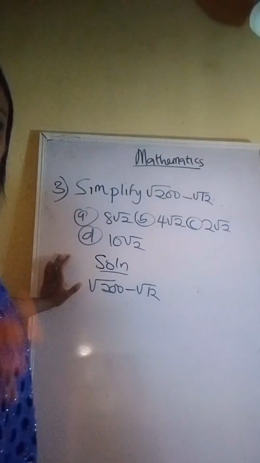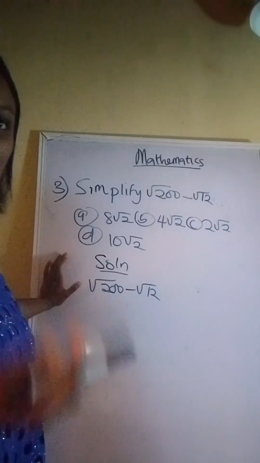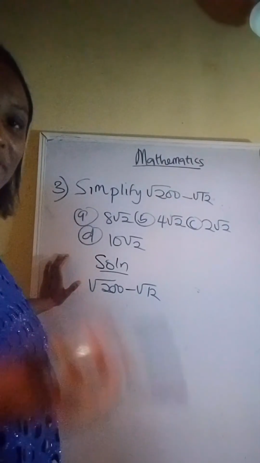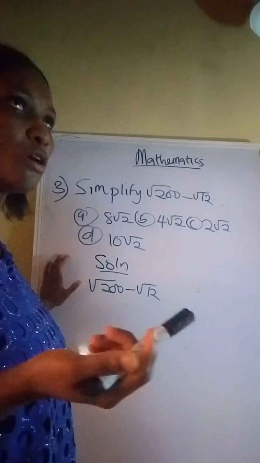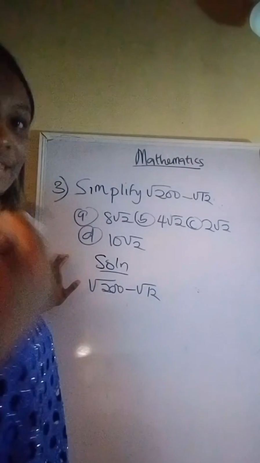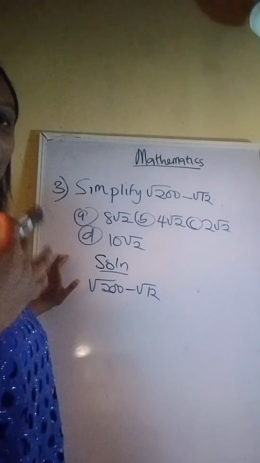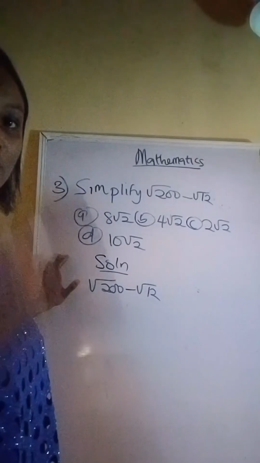When we talk about a perfect square, when you get its square root, it will have no remainder. Perfect squares like 9, 4, 1, 36, 49. You get it now? They are the numbers that when you get the square root, it will have no remainder.